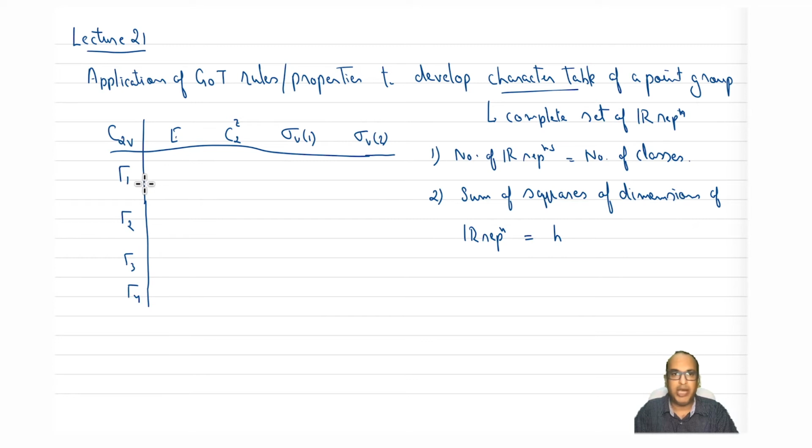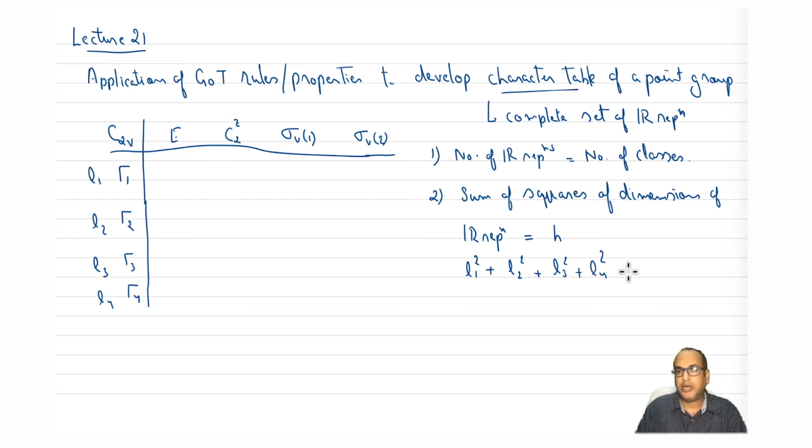We have 4 representations, so each one has an associated dimension. Let's call these dimensions L1, L2, L3, L4. So now the sum of the squares of these dimensions, that is L1 square plus L2 square plus L3 square plus L4 square is equal to H. H is the order of the group, which is 4 here, right?